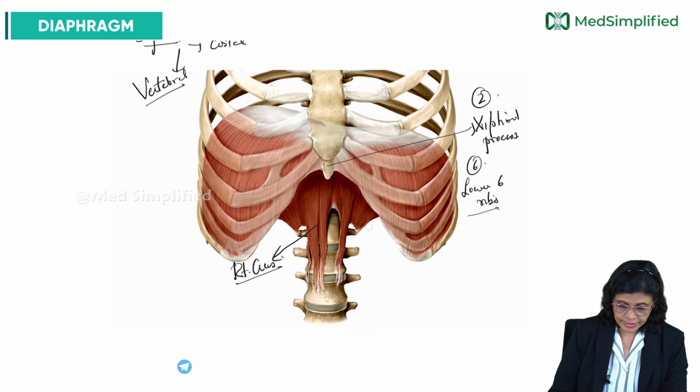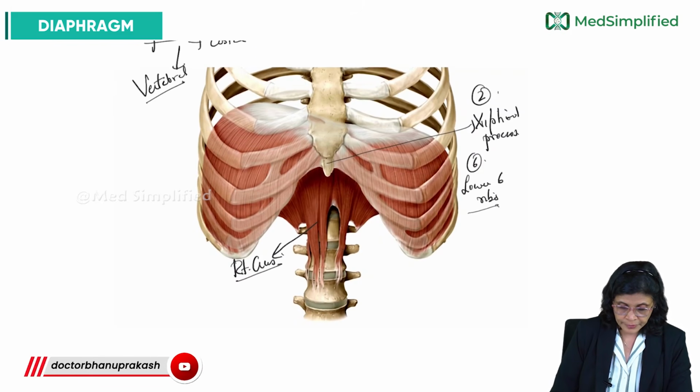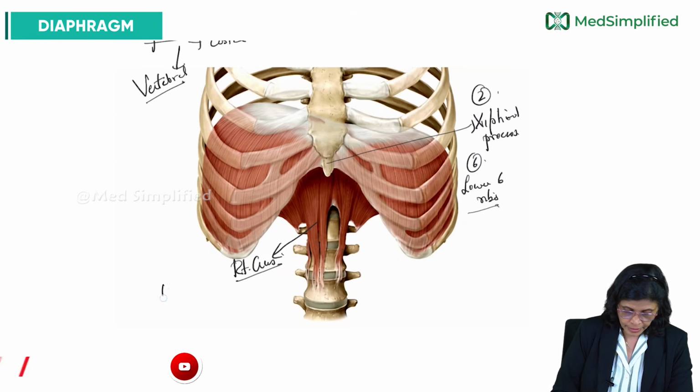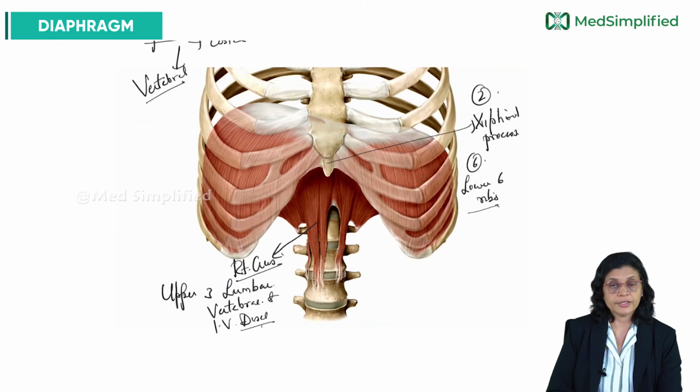The right crus is a vertical bundle of fleshy fibers which arises from the upper 3 lumbar vertebrae and the intervening intervertebral discs.